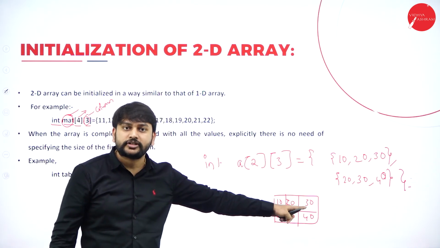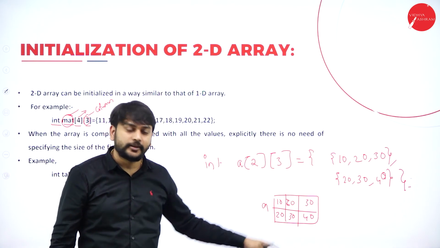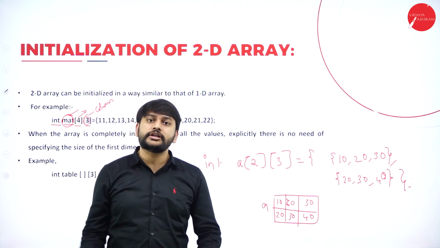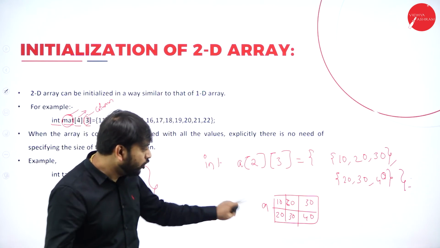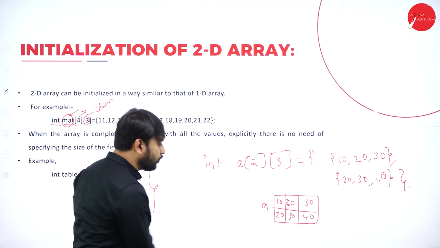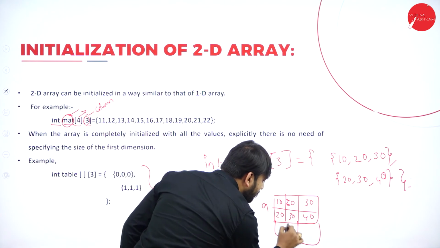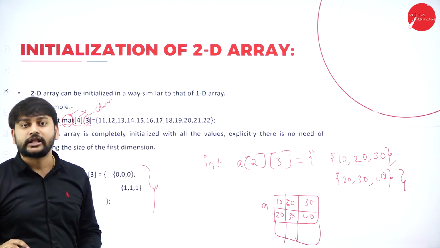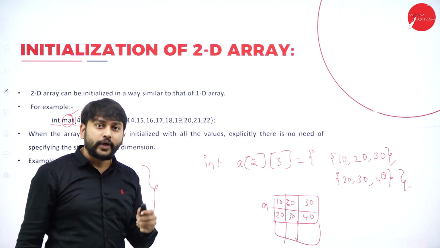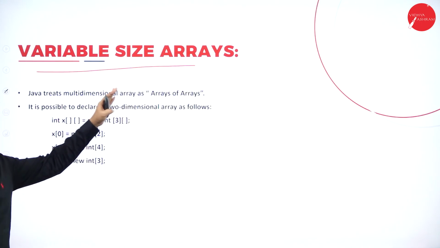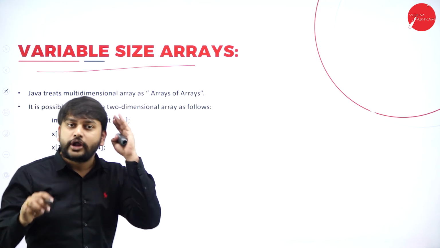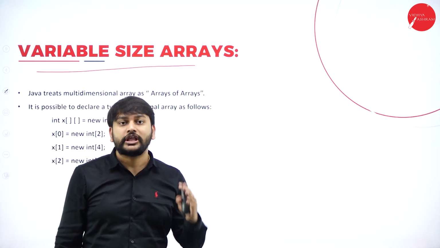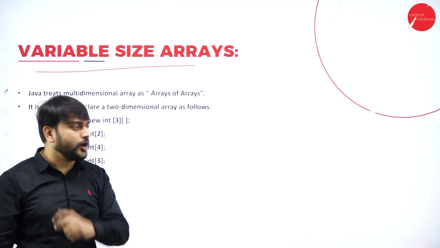In the second row also, it is mandatory that I should have 3 elements. If I have one more row, even in that row I will have 3 elements. That's what happens in the normal array. But with the concept of a variable size array, it is not mandatory that all the rows have an equal number of elements.